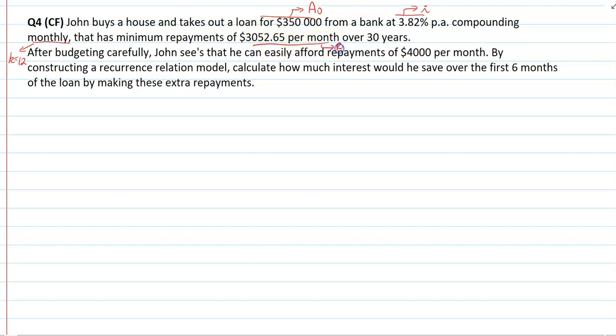So repayment 1 is $3,052.65. Repayment 2, when we consider how much you'll save, is $4,000. And according to the question, we just need to look at the first 6 months. So we're after our 6th recursion.